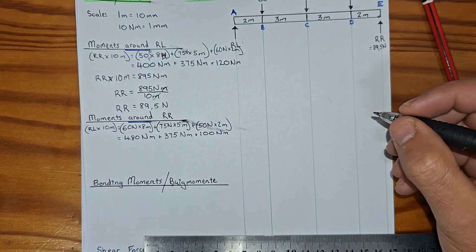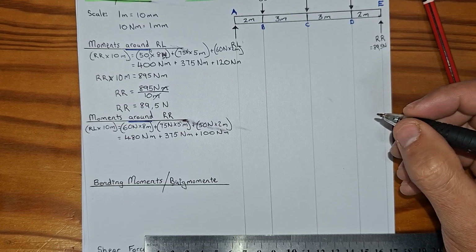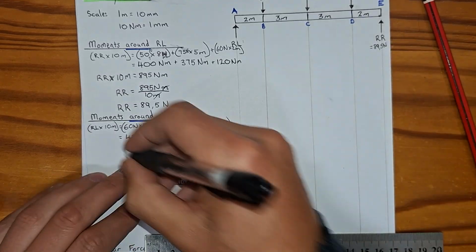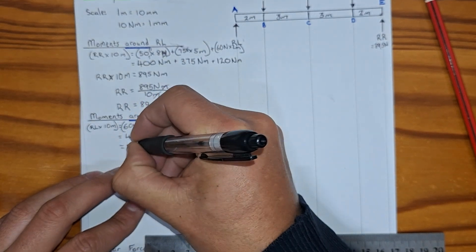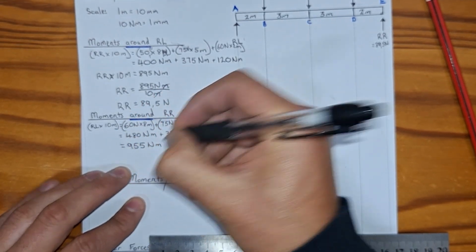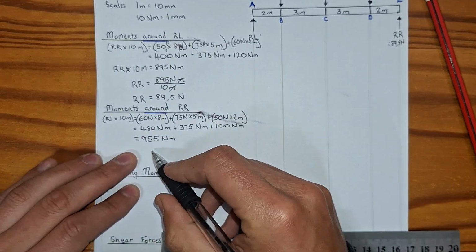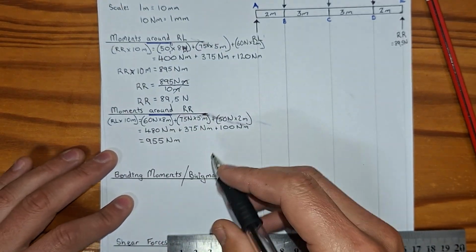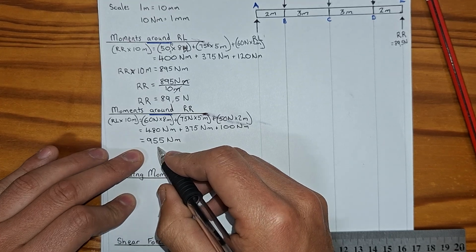So 480 plus 375 plus 100 equals 955 Newton meters.